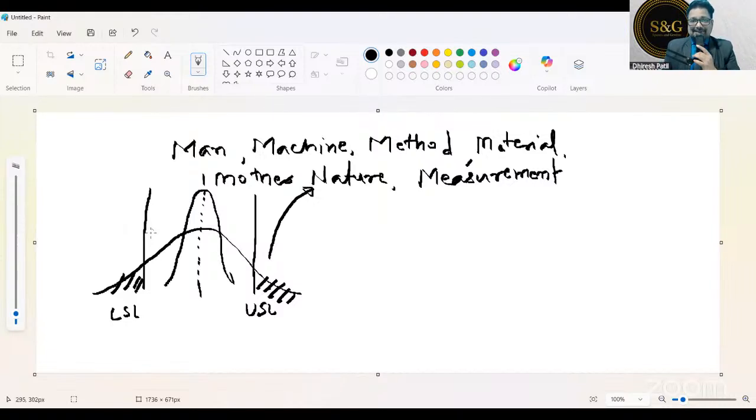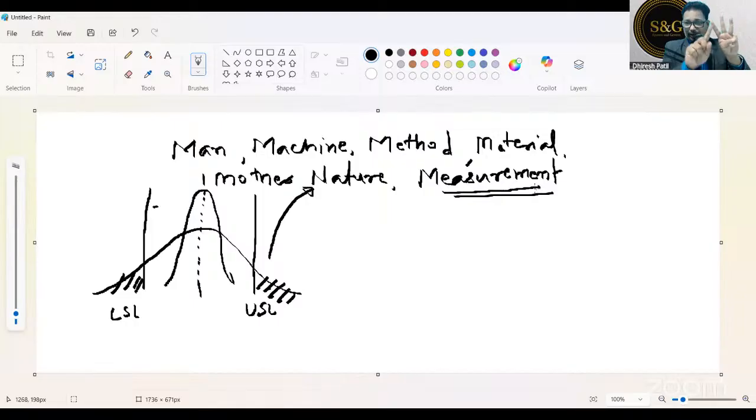So here, there is something called measurement. Six Sigma says that there could be variation coming from measurement. Now, an example. I give this example every time. Your weight done at your residence, your weight done at your gym, and your weight done at your, let's say, physician.